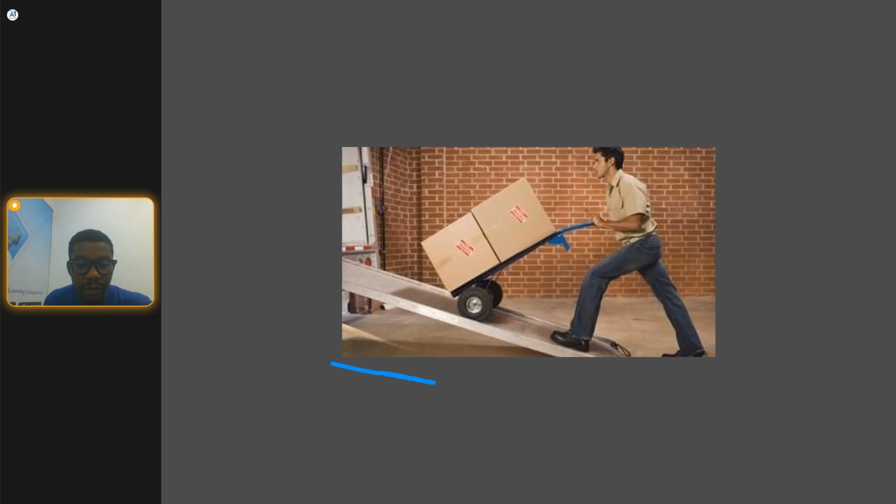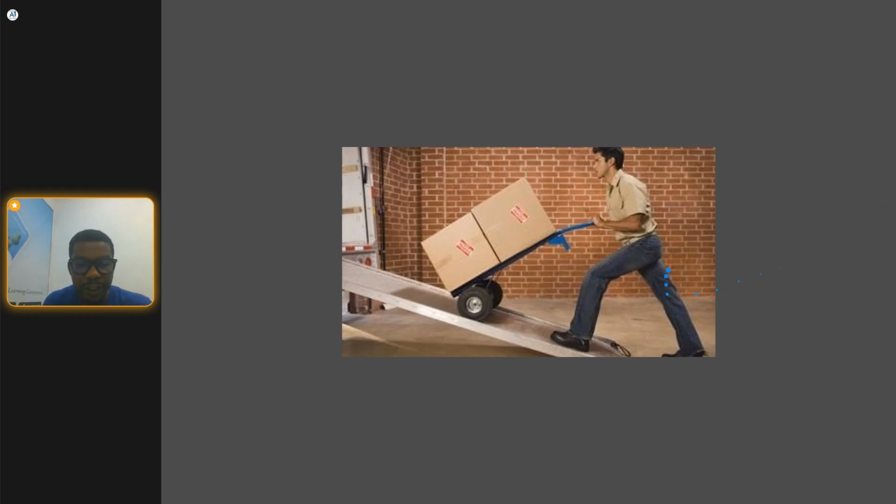Without this inclined surface, it will be so hard for him to transport those cartons inside the truck because he will need to carry them. Probably they are very heavy. He will need to carry them one after the other on his head, on his shoulder, and take them to the truck, go back again and do the same thing.